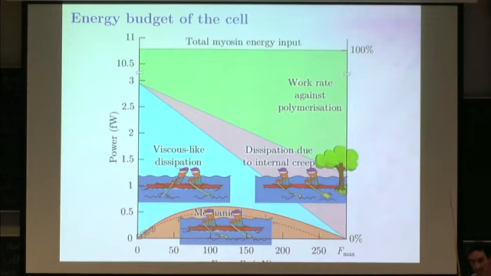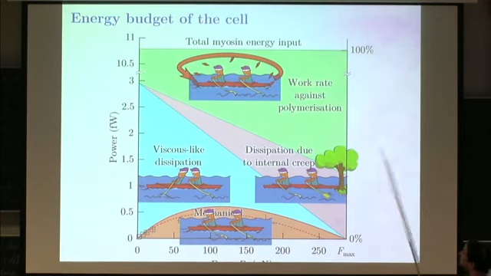And then in cells, you have something different from muscles. You have the work against polymerization. So I've told you that the cells were protruding, and you pull the material again by retrograde flow, by contraction. This has, of course, an energetic cost, which is actually quite large. So it's very sorry for the boat, actually.